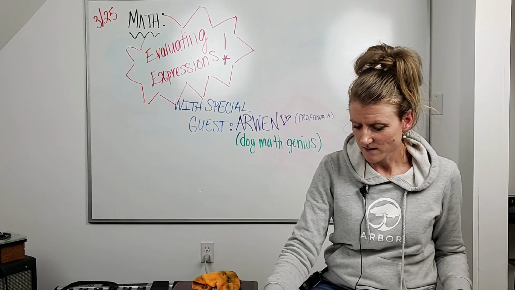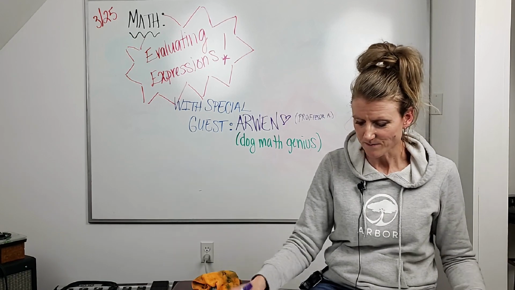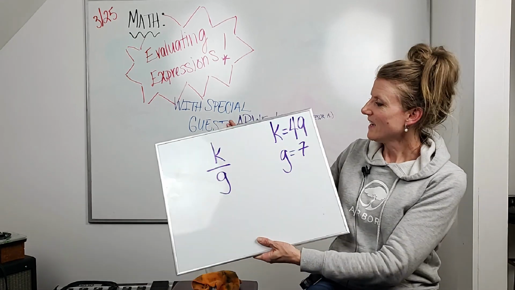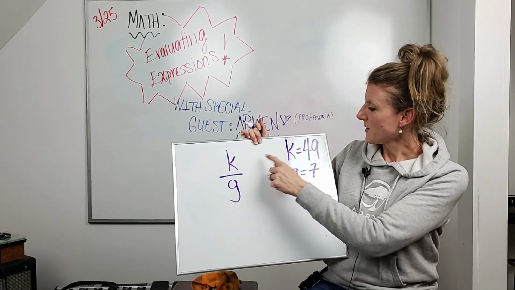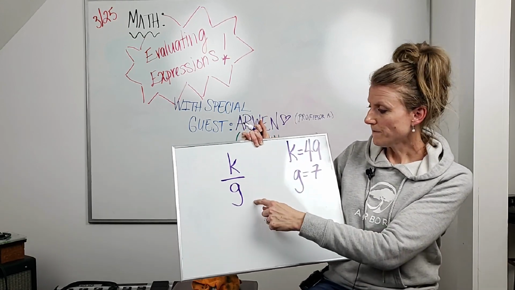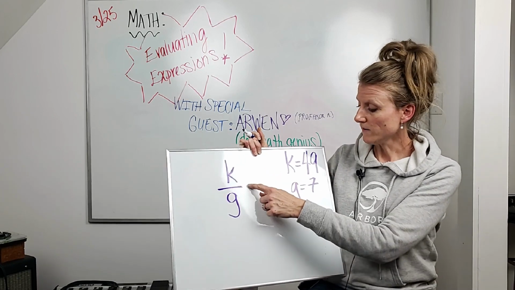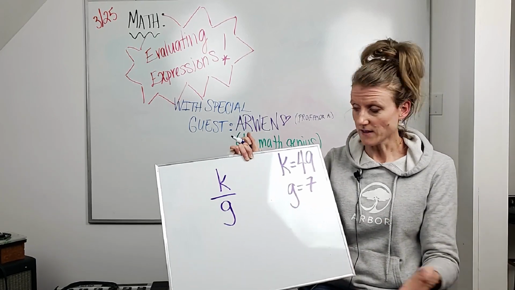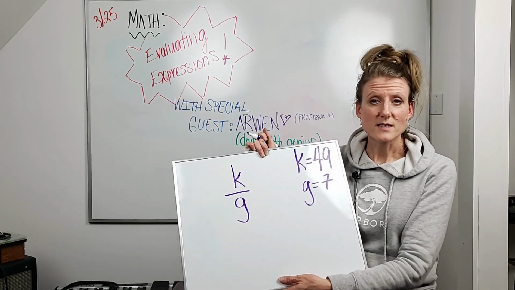Let's stick with a 49 and we'll say that the g is 7. Make it kind of simple for us. If I give you this information and we plug it in, I'm going to get 49 over 7, which is like a fraction, right? And fractions are division. So it's 49 divided by 7 equals 7. So when you solve that one and you plug them in, we would get an answer of 7 for that.